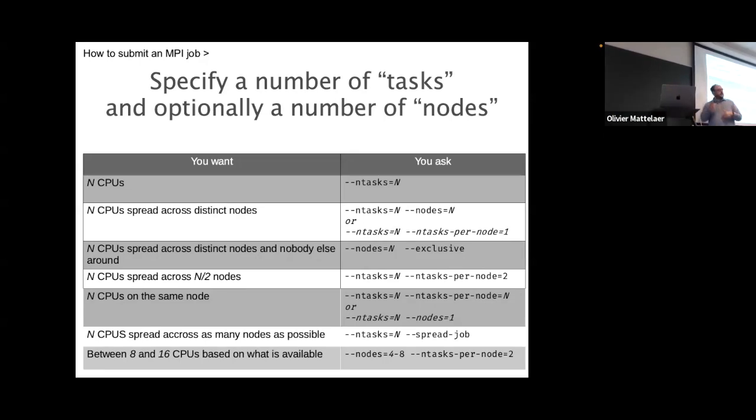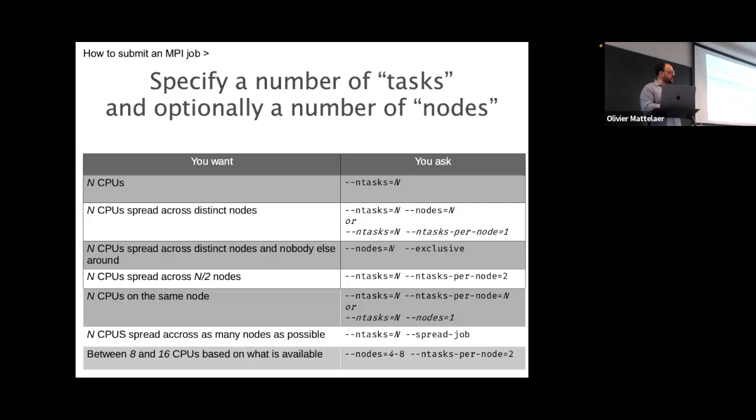If you combine them, you can decide between having all the tasks spread across the maximum number of nodes, or on the contrary, condensed on a single node, if it's possible. I'll let you read this, but you can decide between two extremes.